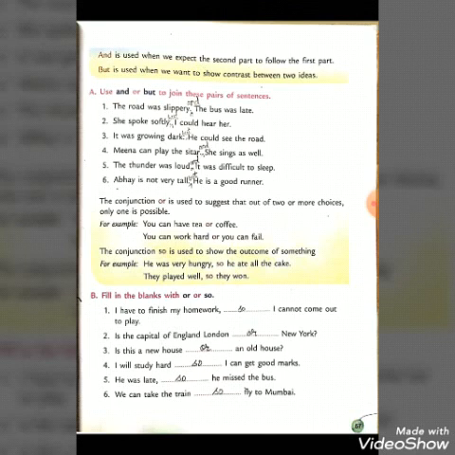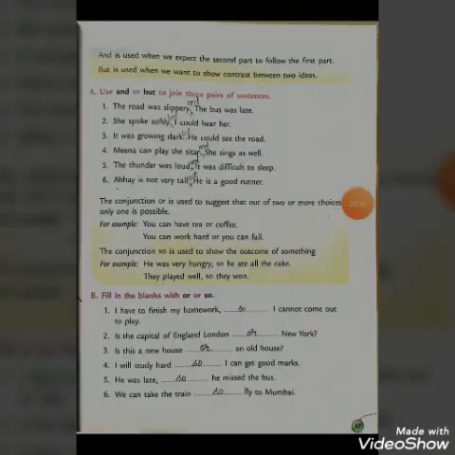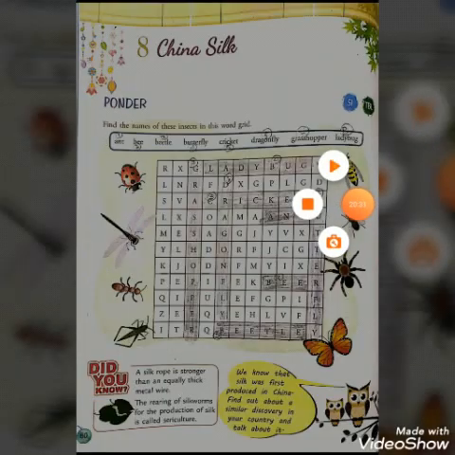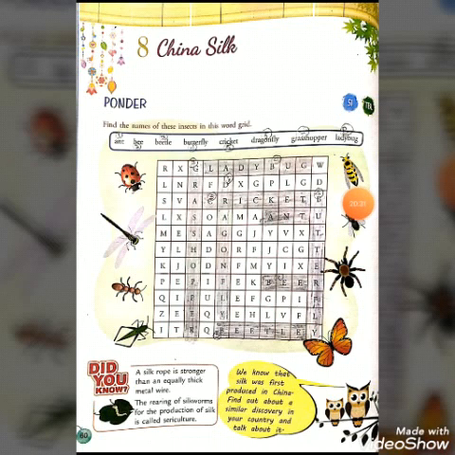Now the next sentence, fifth one: he was late, so he missed the bus. Here also the word "so" shows the outcome of something: he was late, so he missed the bus.